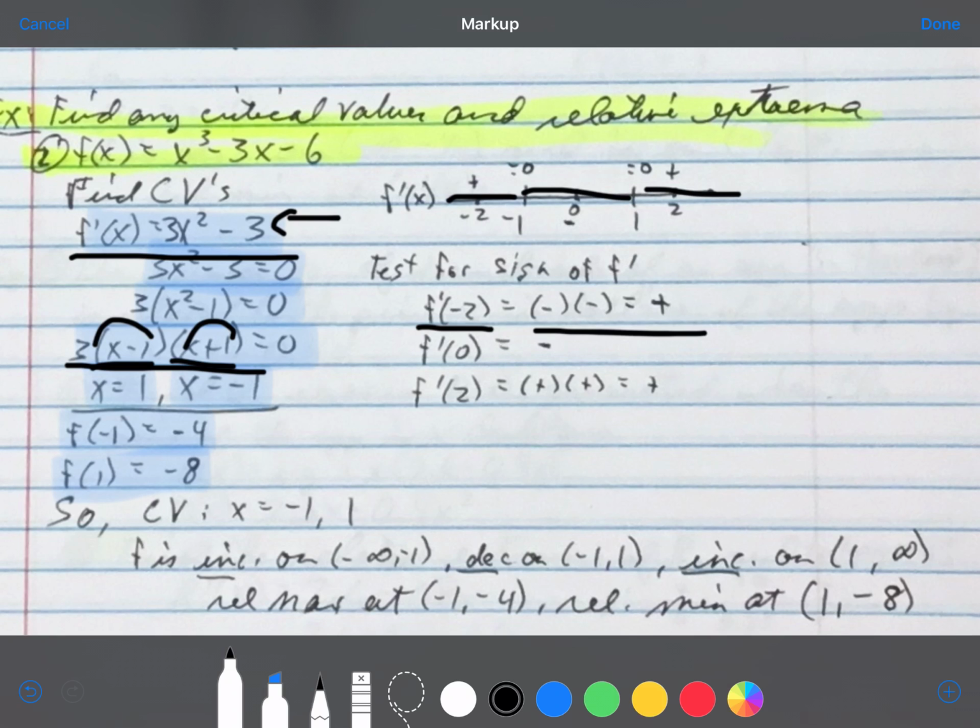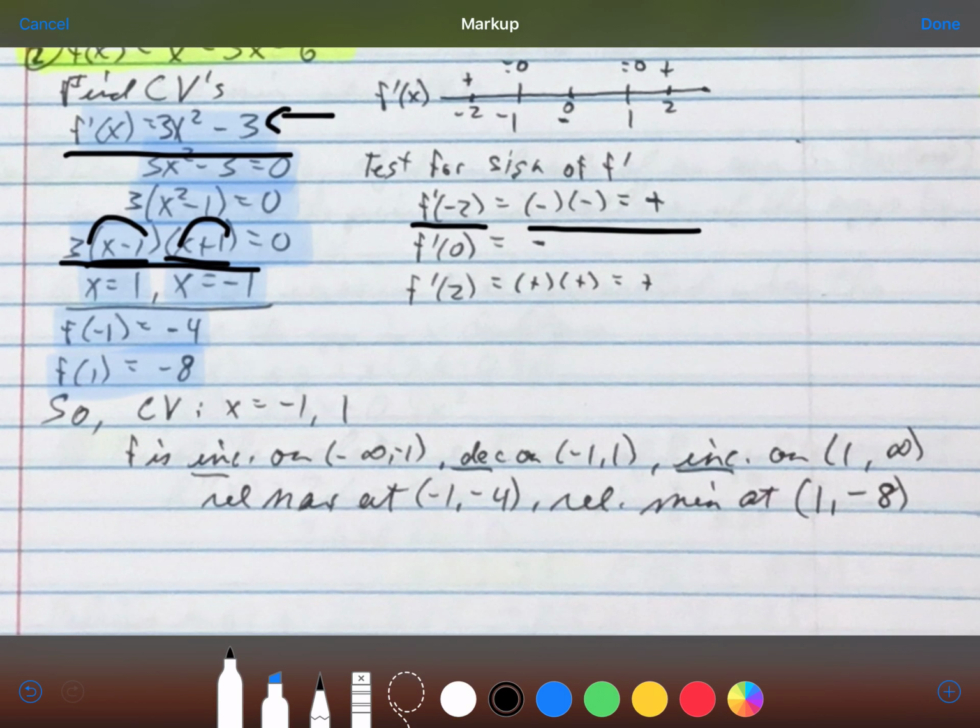So again, the sign of the first derivative: it's positive on the interval from negative infinity to negative 1, which means our function would be increasing. And it's negative on the interval from -1 to 1, which means our function is decreasing on that interval. And it's positive on the interval from 1 to infinity, which means, again, our function would be increasing.